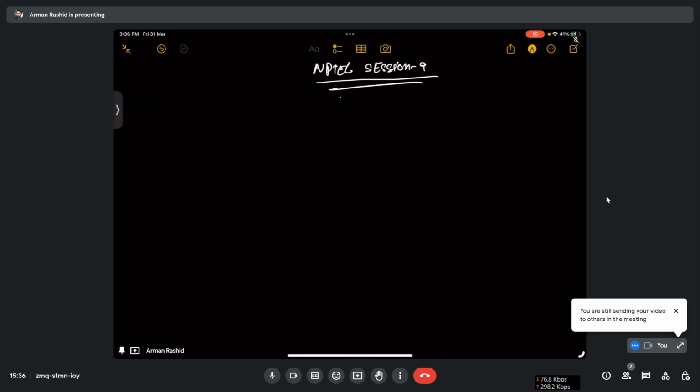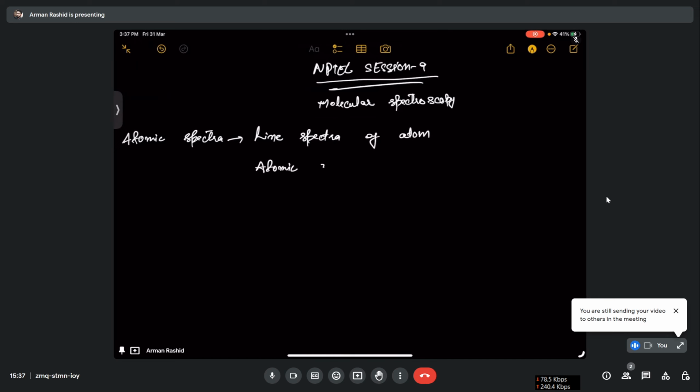The topic that we are nowadays doing is molecular spectroscopy. I have told you about atomic spectroscopy that gives the line spectra of atoms, and then I showed you that from a particular atomic configuration we can arrive at different atomic states, and from those atomic states we can get atomic spectra.